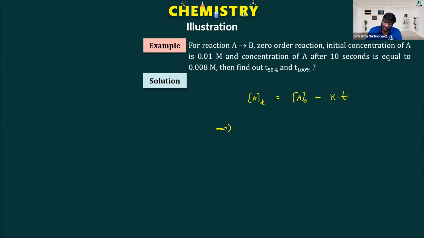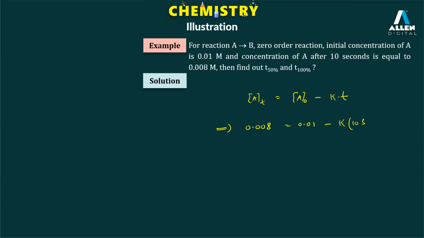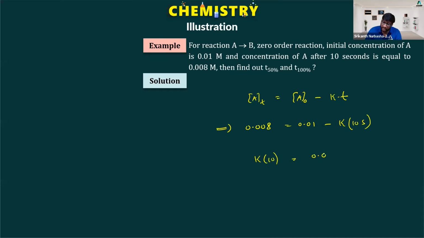After 10 seconds, the concentration of A is 0.008, that is equal to 0.01 minus K into 10. So K into 10 is 10 minus 8, which is 2 into 10 power minus 3. So K is equal to 2 into 10 power minus 4.